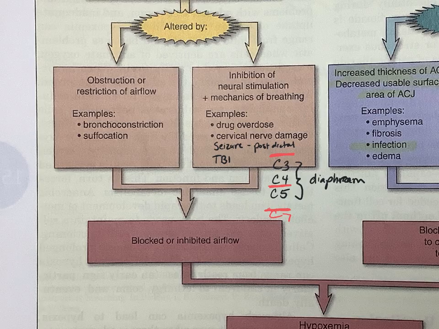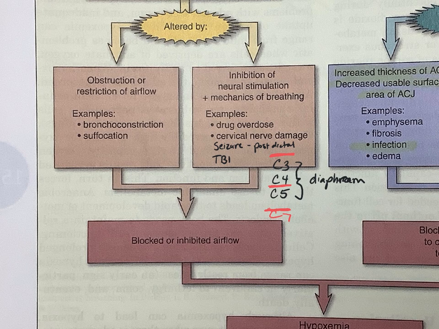All right. And not only is it that neural stimulation, it's also mechanics of breathing, right? What if somebody is in a motorcycle accident, they fall, they fracture ribs? They still have that neural stimulation, but is that injury going to impact the mechanics of breathing?